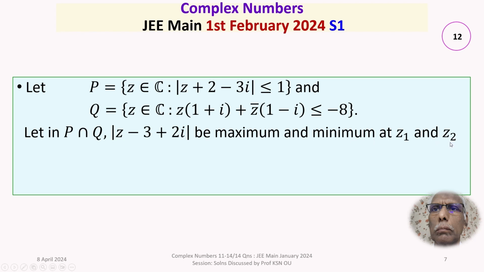z2. We better read this sentence as: let modulus of z minus 3 plus 2i be maximum and minimum at z1 and z2 respectively in P intersection Q. That's better.